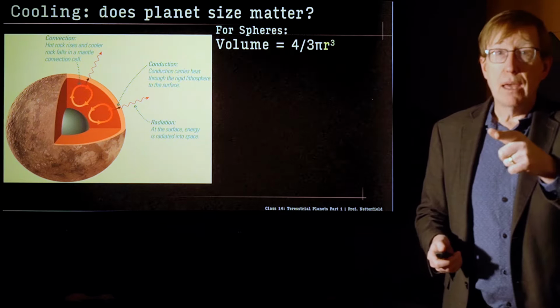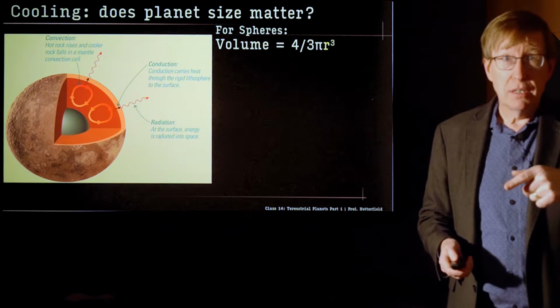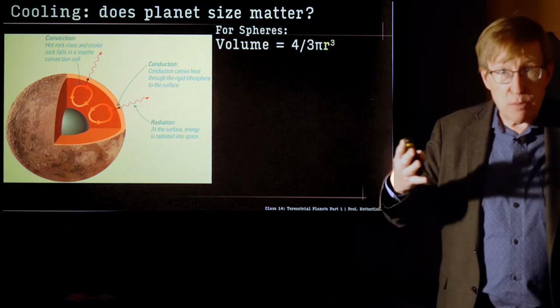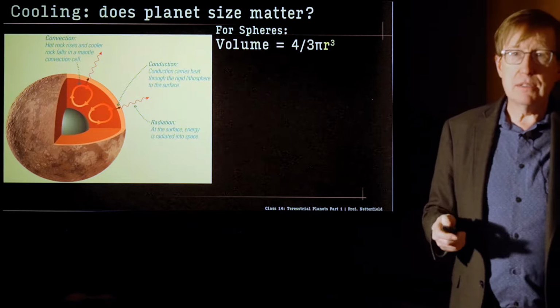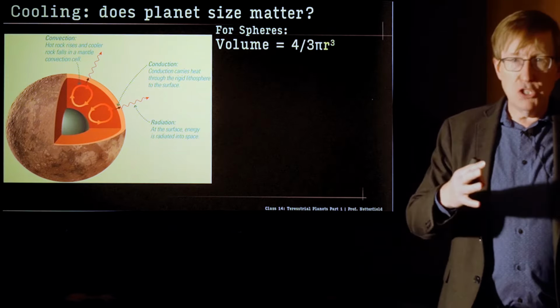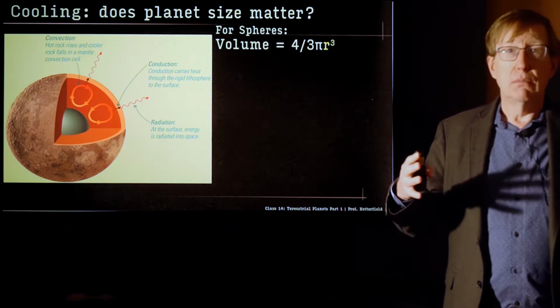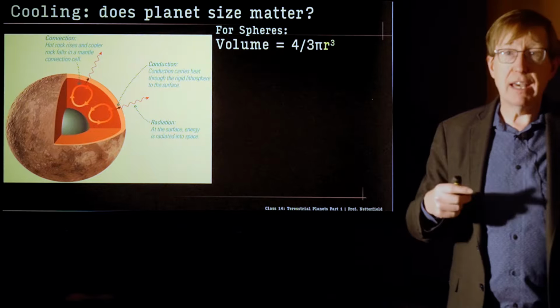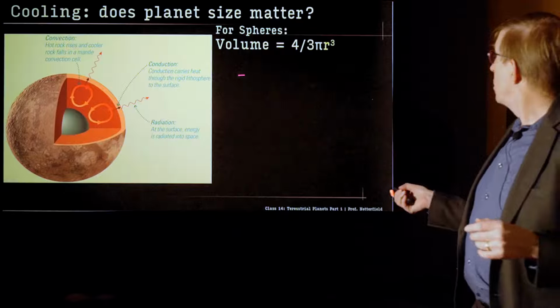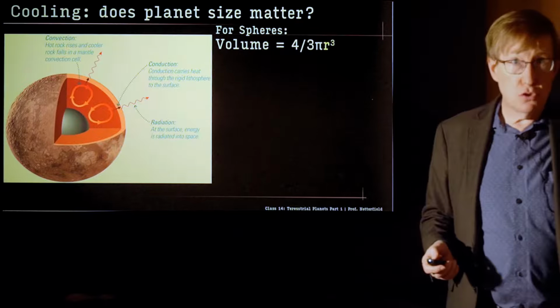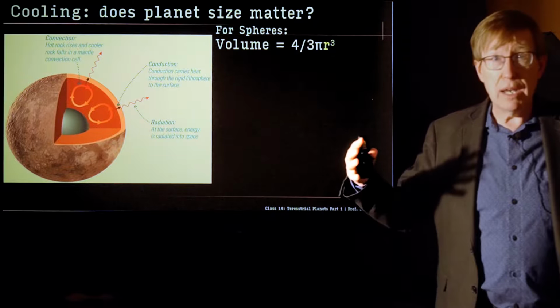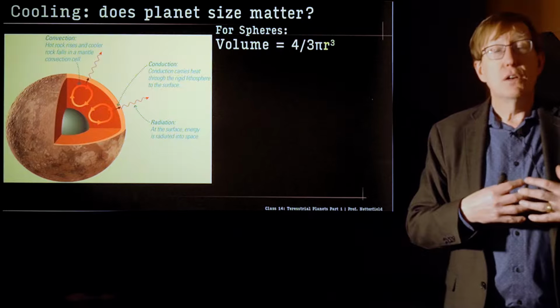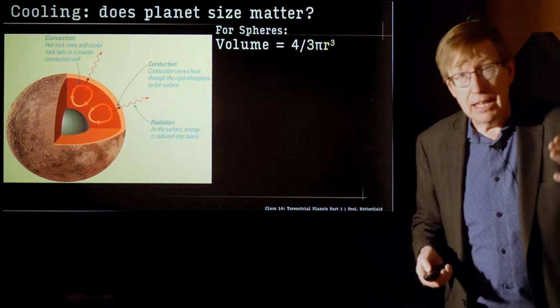And then multiply that by 4/3. That gives you the volume of the sphere. So what that means is that if you double the radius of a sphere, the volume goes up by 2 times 2 times 2. You double the radius, then the volume increases by 8.